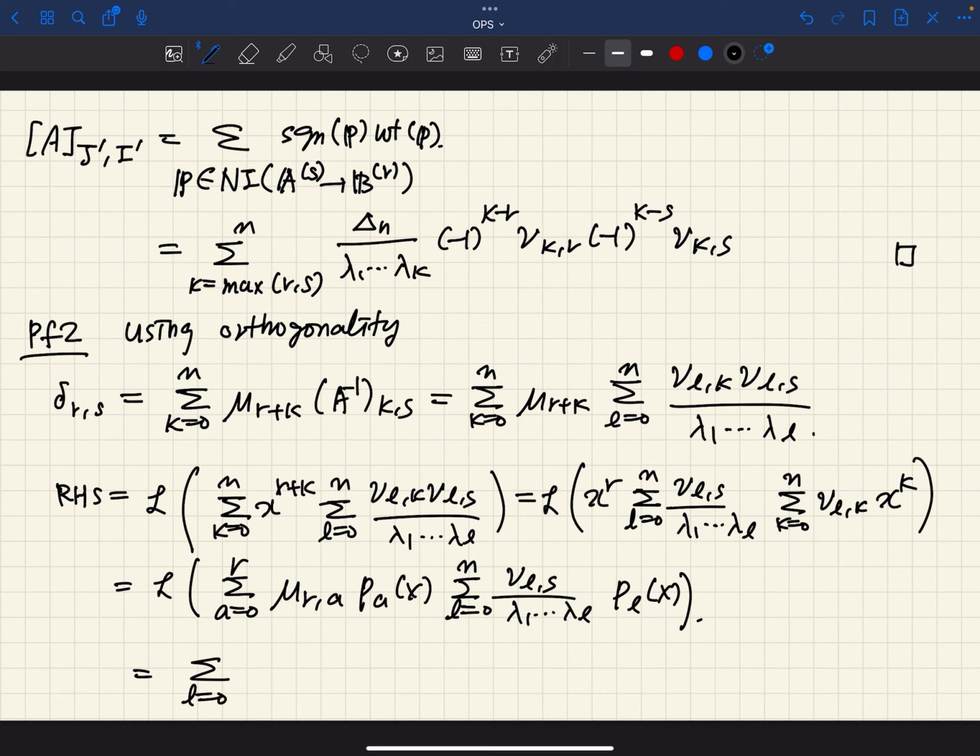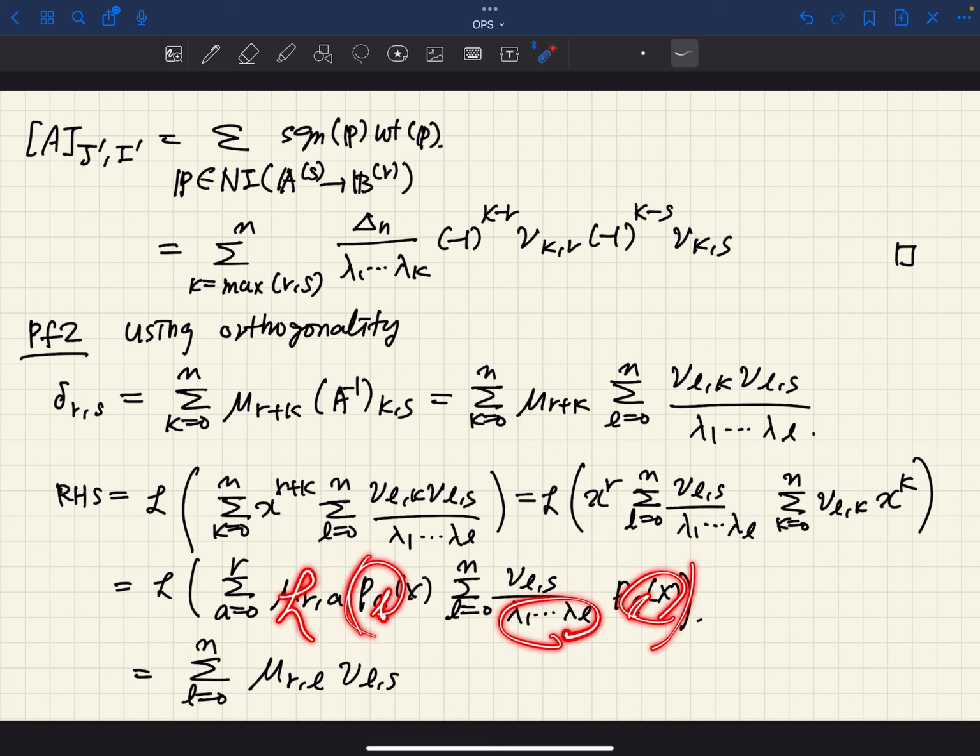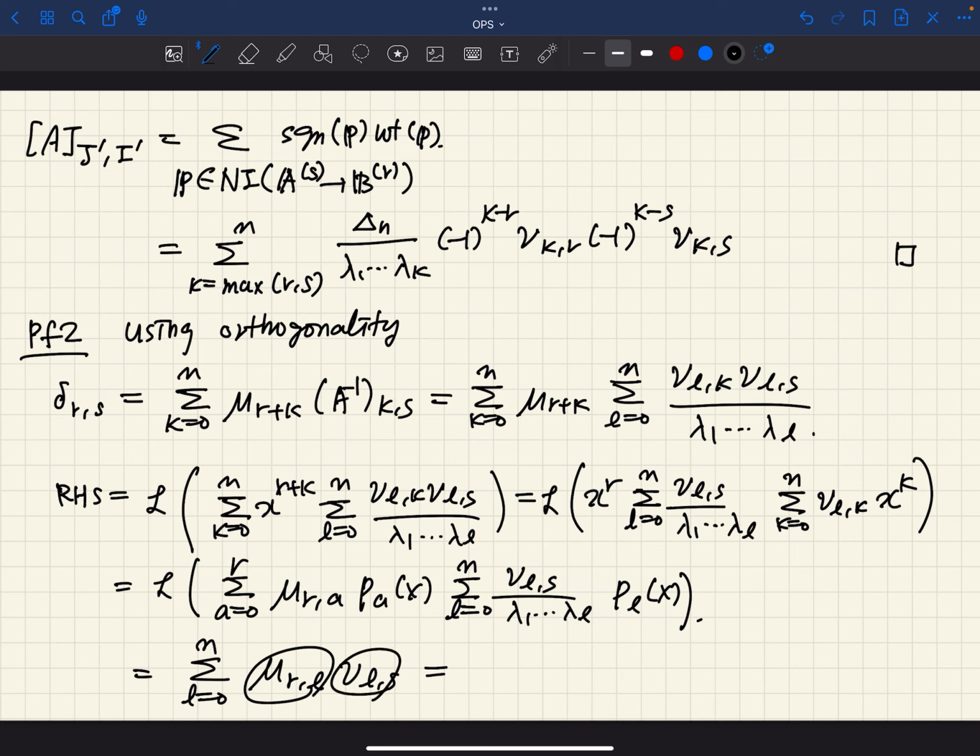So L from 0 to N, A is L now, R comma L, and new L comma S. And if you apply the linear functional, it gives exactly this quantity. But we know that they are orthogonal to each other, so this gives delta RS. That's the proof. So using the computation, we can also confirm the formula this way.